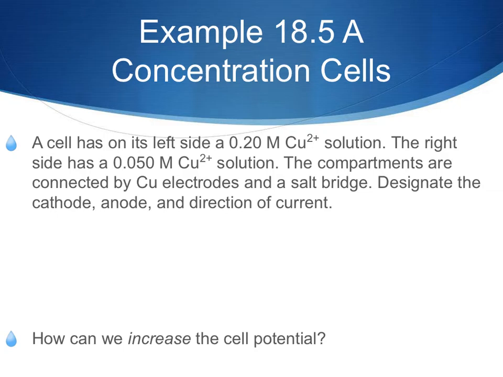If we were to take two solutions, a 0.2 molar copper solution and a 0.05 molar copper solution, and put them in the same beaker, the concentration of the 0.05 molar would increase, the 0.2 would decrease, and they would meet somewhere in the middle and make one solution.